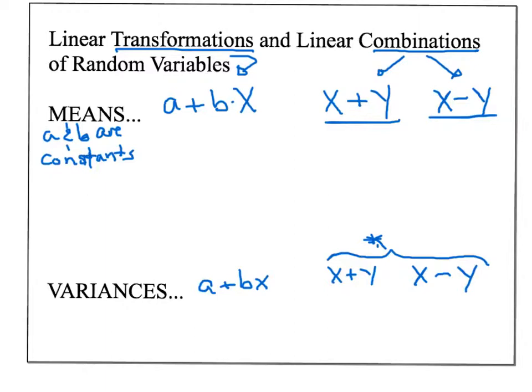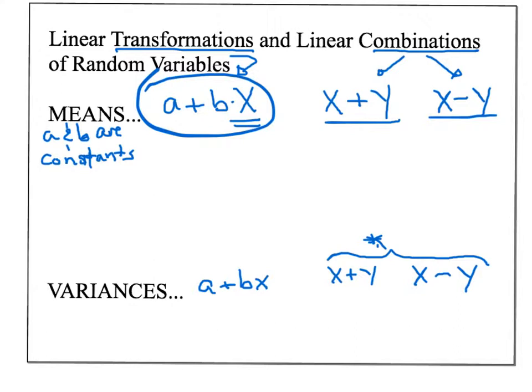A transformation is just taking one random variable and multiplying it by a constant or adding a constant to it. And it's called linear transformations because that appears like a linear equation. Those are linear operations that I might do with one variable.